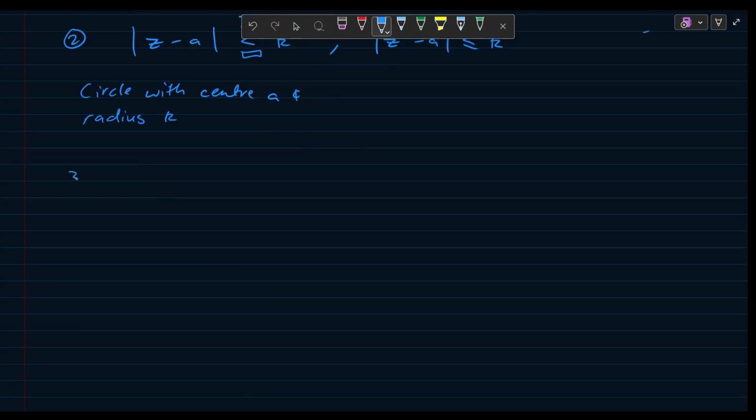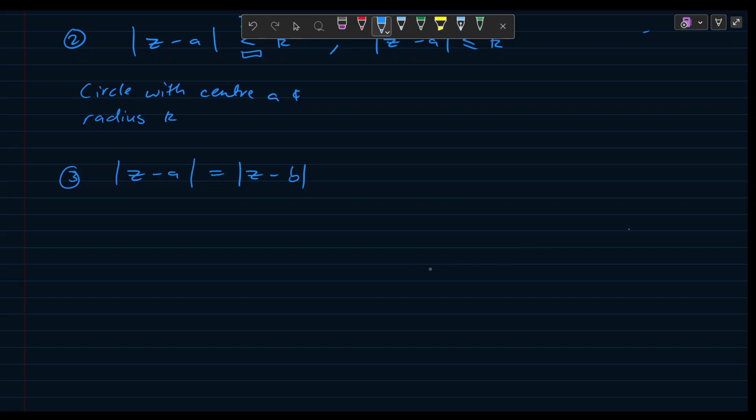Alright, now let's look at a scenario where we've got the modulus of z minus a is equal to the modulus of z minus b, where a and b are complex numbers. This means we have to bisect the line that connects a to b, and the region that would satisfy this equation is the bisector of that line.